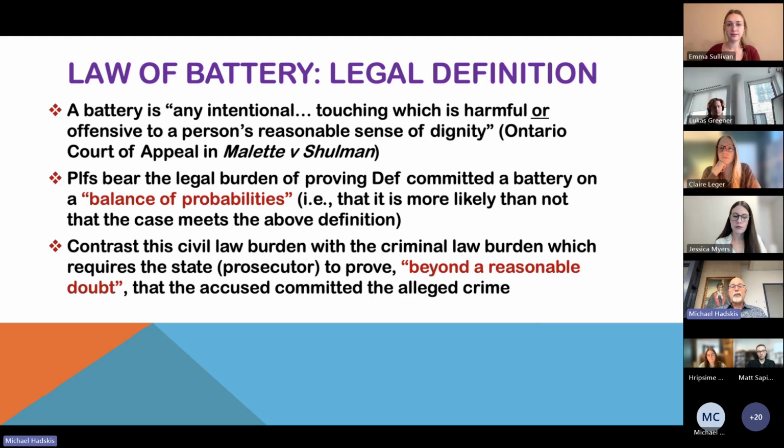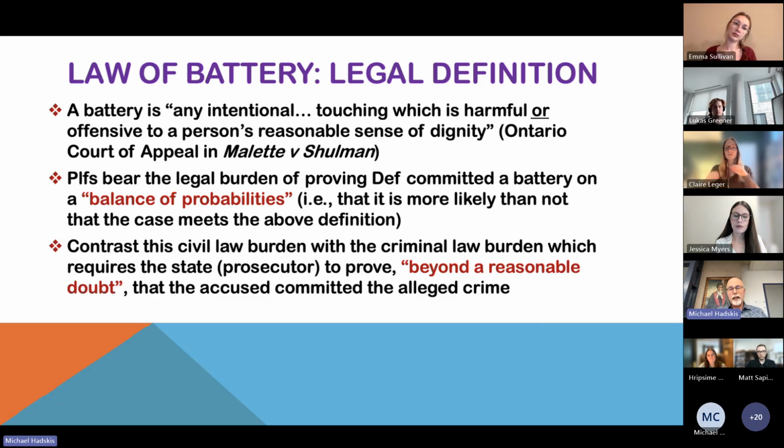Contrast that with the criminal law burden. So tort law is known as civil law. That's contrasted with criminal law, where you'll be familiar with the burden of proof in criminal law being beyond a reasonable doubt. So the prosecutor, the state, has to show that the accused committed the crime in question beyond a reasonable doubt.